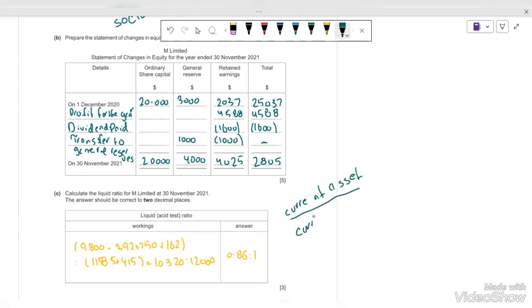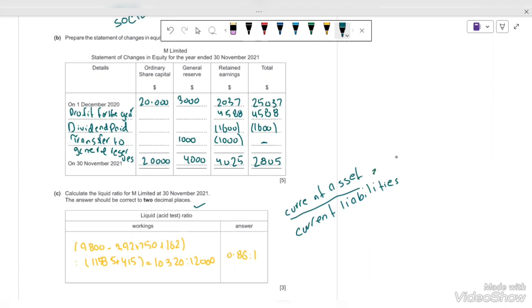current liabilities. Just remember one thing, because this is the liquid ratio, you don't need to add closing inventory in this, because closing inventory is difficult to convert into cash. So this is a liquid asset ratio. We just add those types of assets which are really quick to convert into cash. That is why we deduct closing inventory from the current assets.